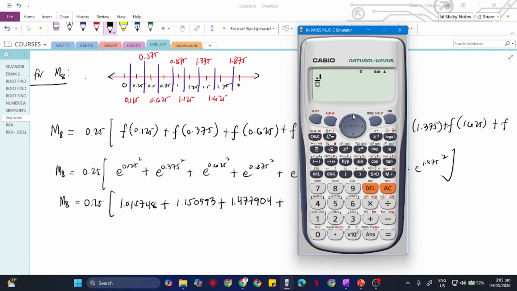Okay, plus calc 0. Sorry, nawala. Balik tayo ulit. Alpha e raised to the power of x square. Calc natin ulit 0.875.